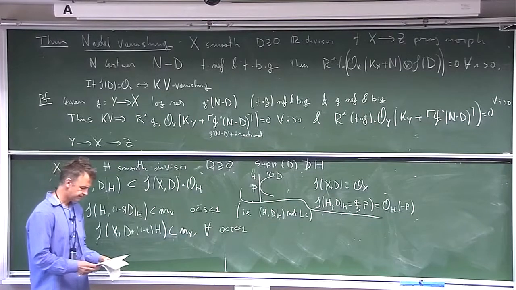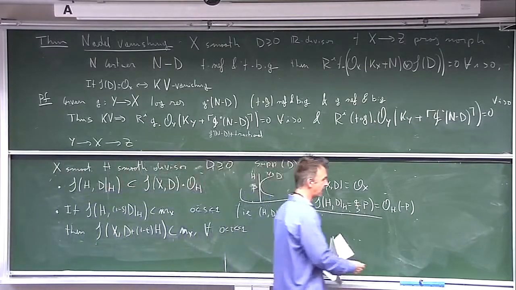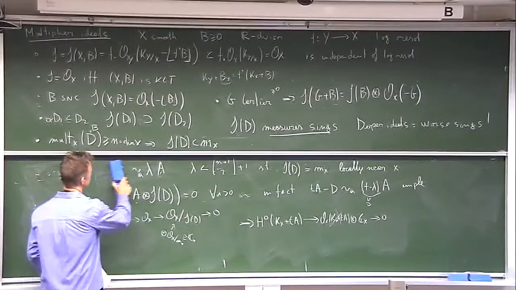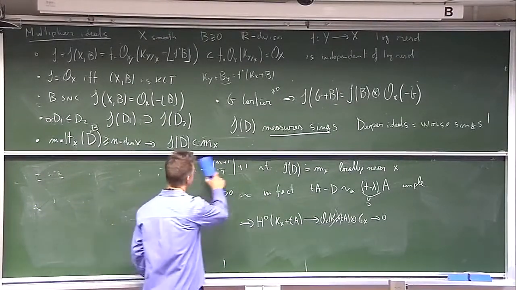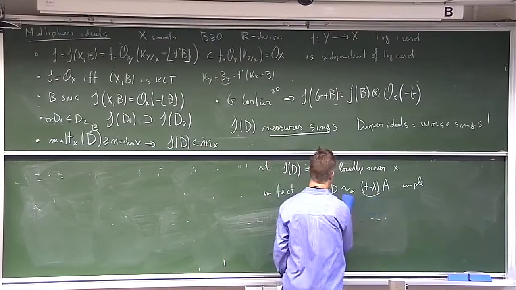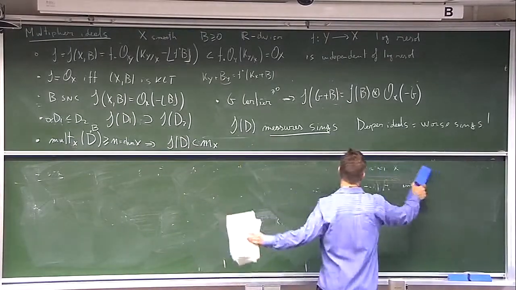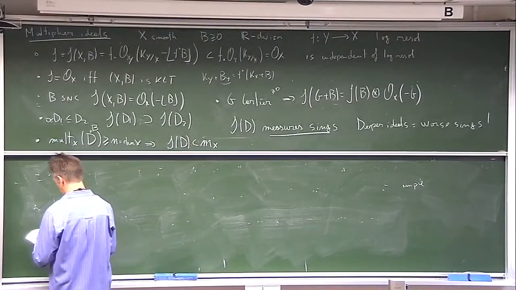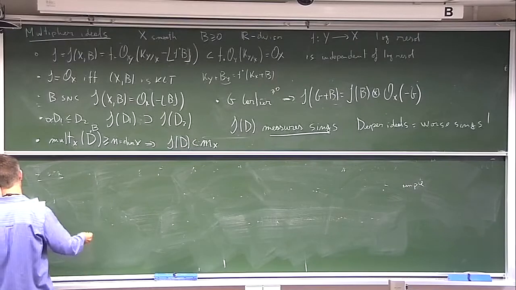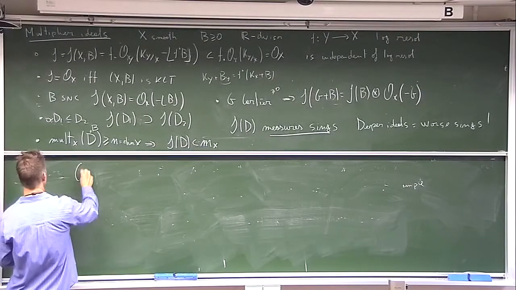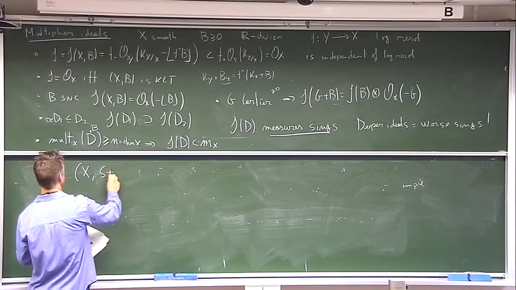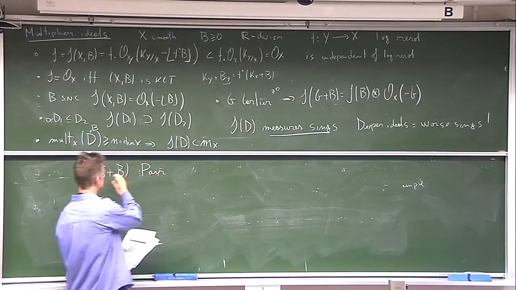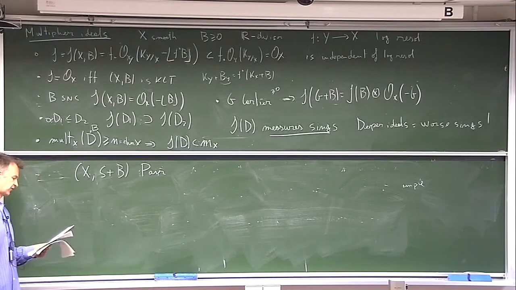So the analog in terms of log pairs, or the similar result for log pairs, is easier to digest. And we've essentially proved that already. So let me state that. But this one is the form which is a bit easier to use. So the analog for log pairs is the following. Suppose that you have a pair (X, S plus B), this is just some pair, let's say with non-negative coefficients.